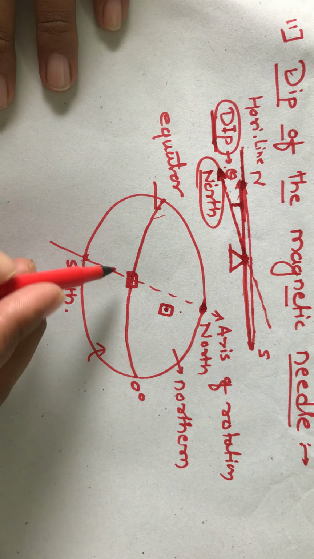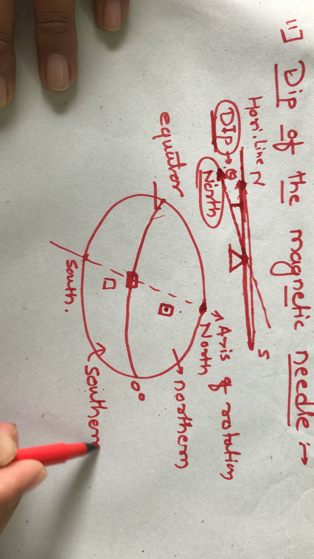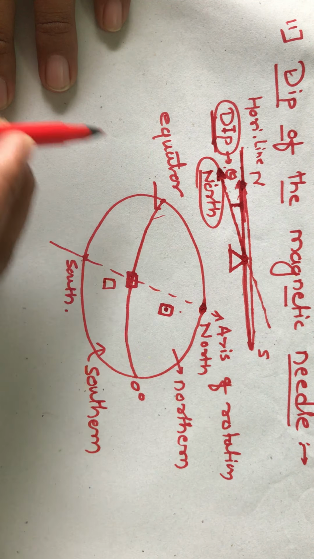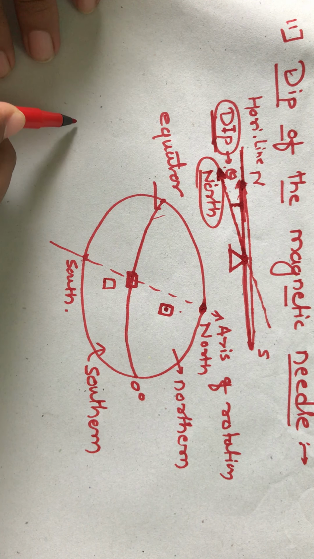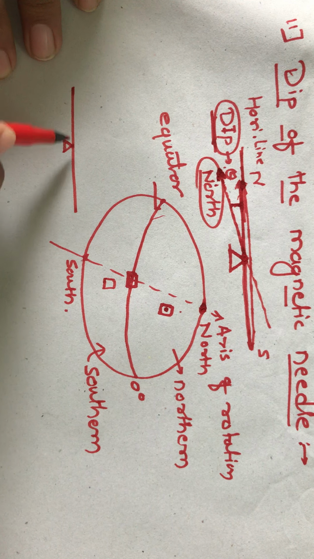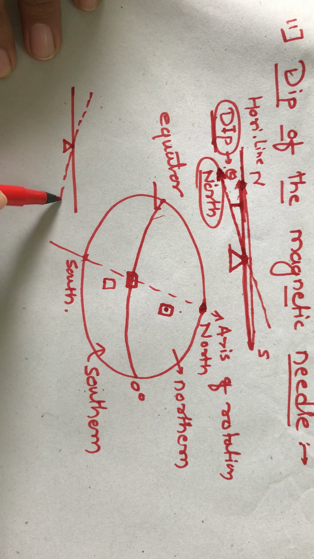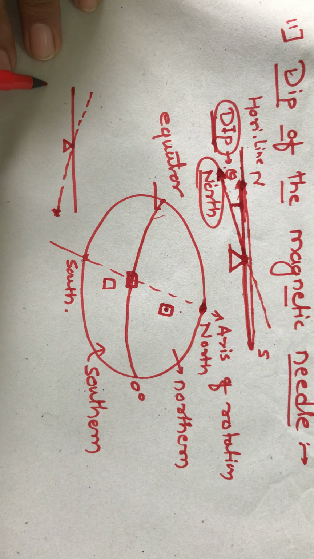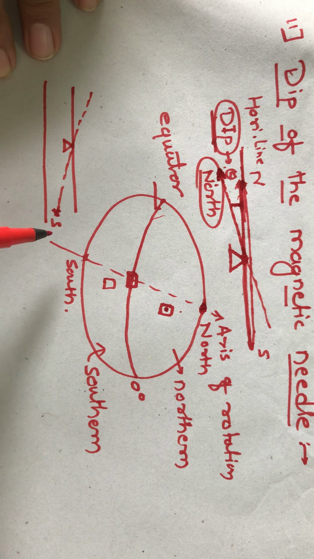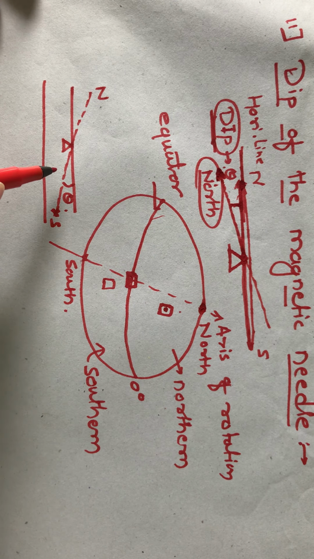In the southern hemisphere, the south end will dip, so this is the south end, this is the north end, and this is the angle theta.